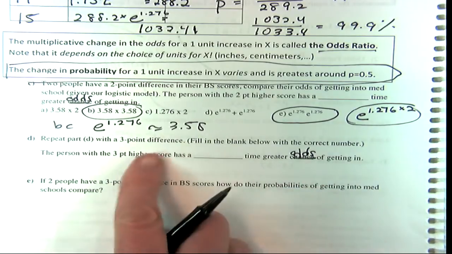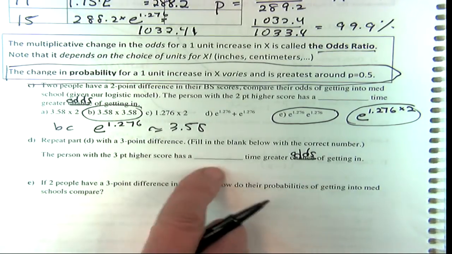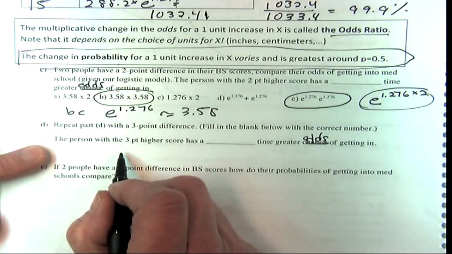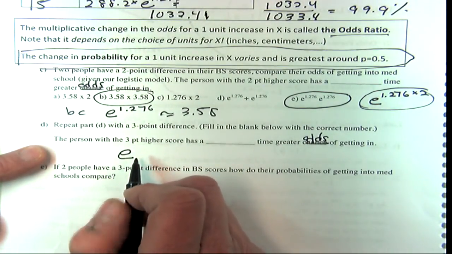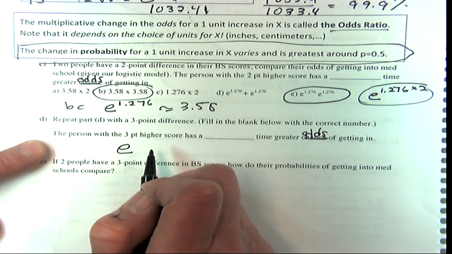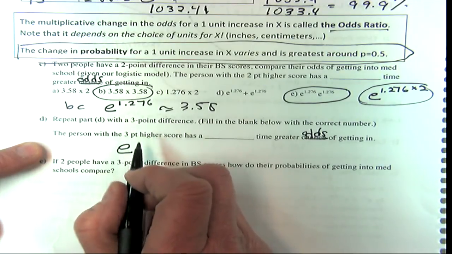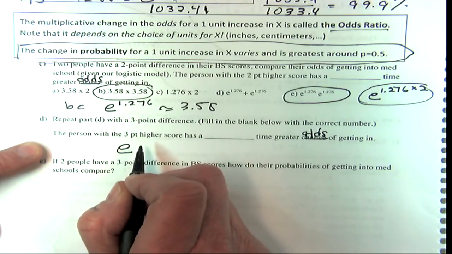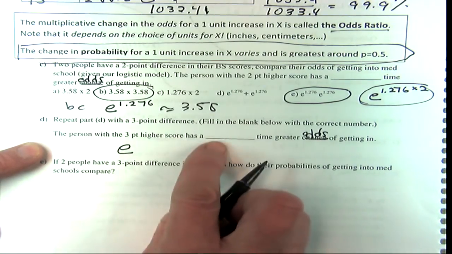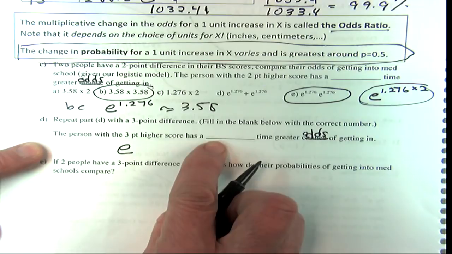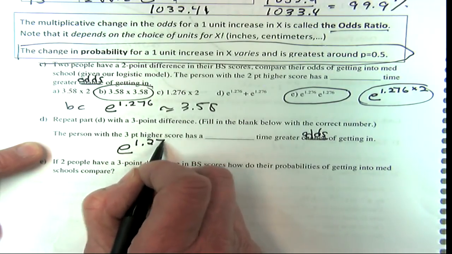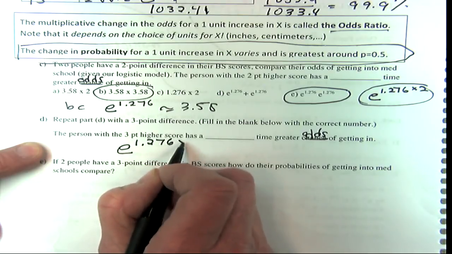Okay, now what if there's a 3 point difference? What would we fill in here? A 3 point difference, it doesn't matter what their score is, is going to increase the odds by the same multiplicative amount. The person with a 3-point higher score has e to the 1.276 times 3.